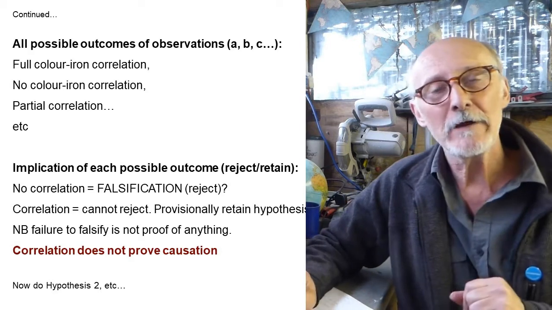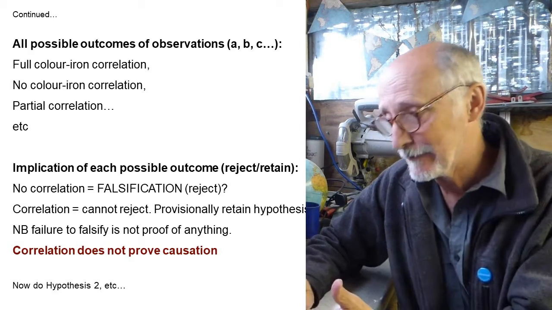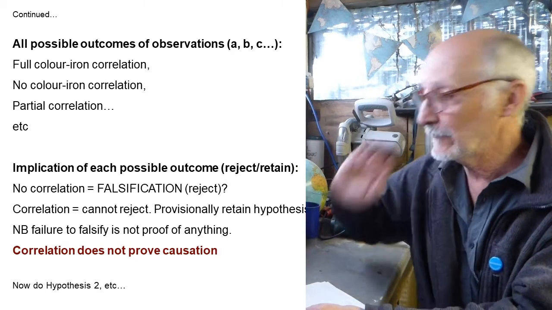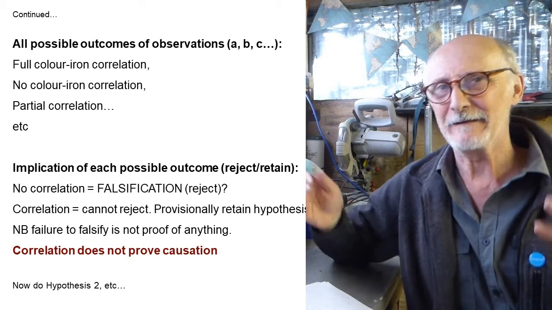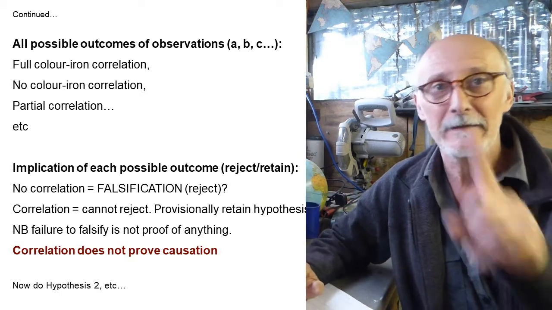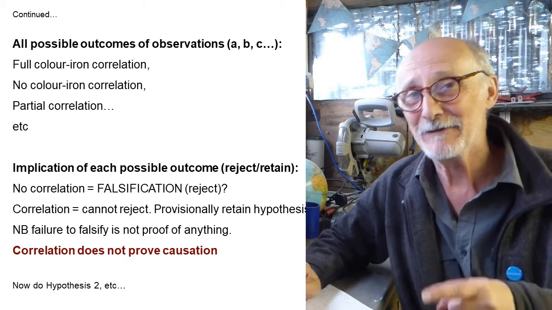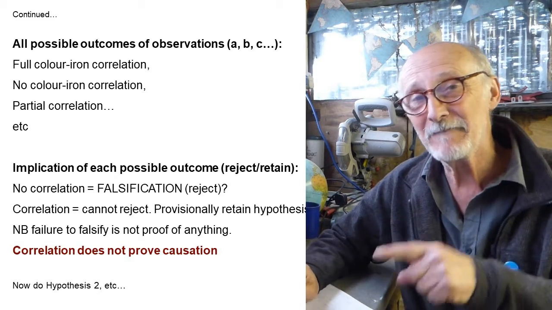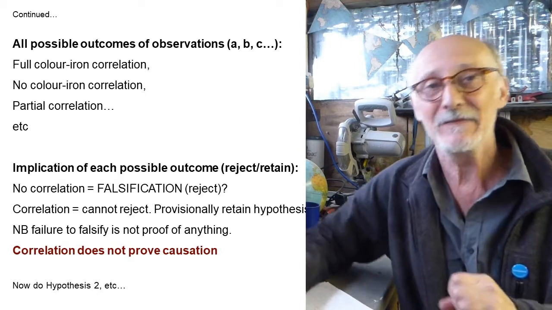But suppose it was the other way around. Suppose I went out there and there was a correlation, and all the red soils had iron in and all the black soils didn't have iron in. Does that mean I've proved it, I've verified my hypothesis? No. This is where you have to be careful, because correlation does not imply causation. There might be something else which is causing both the iron and the red, for example.